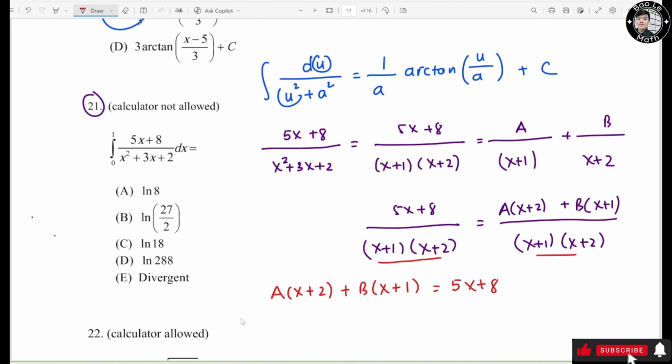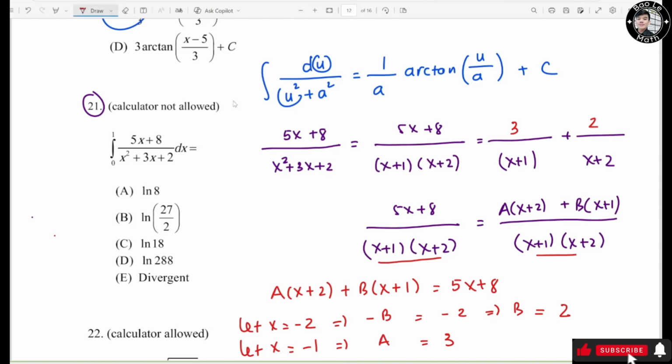So I'm going to let s equal negative 2 to eliminate a. Then I substitute negative 2 for s, and I solve for b. So I have negative b equals negative 2, and then b equals 2. Now I'm going to let s equal negative 1 to eliminate b and solve for a. So a equals 3.